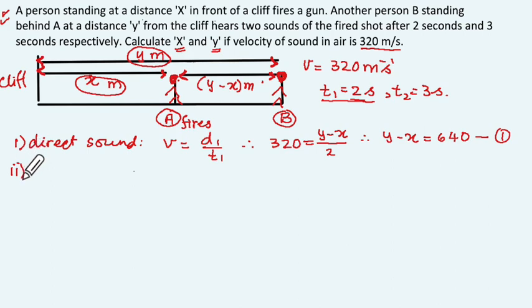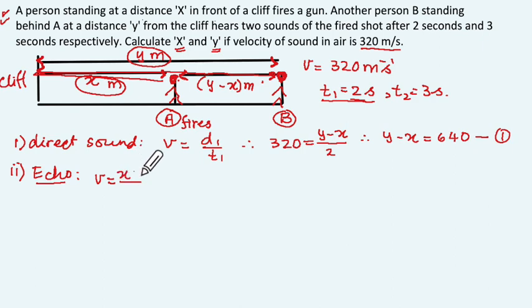Now the second sound that is heard is because of the echo. So here again we'll have V. Now normally for echo we use the formula 2d upon t. But here you see A fires the gun and the sound goes this way, and then it reflects and goes to B, which means the distance is not 2d, it is this much x plus this much y.